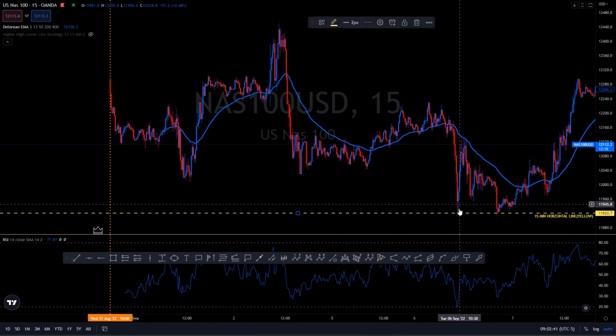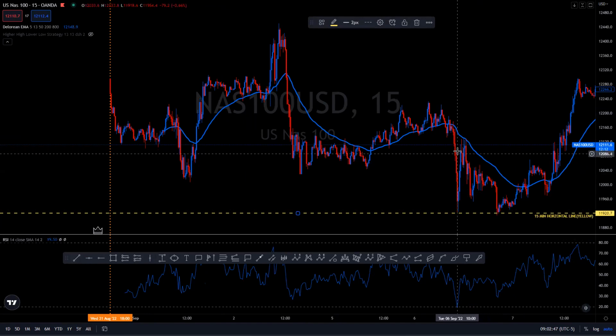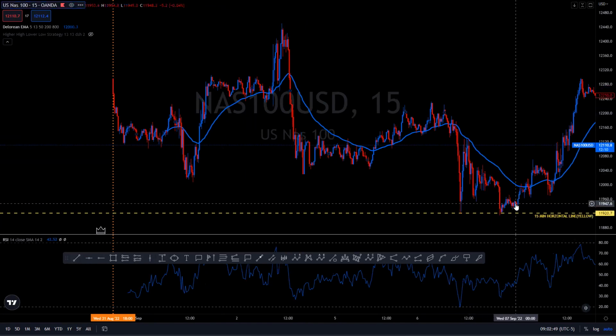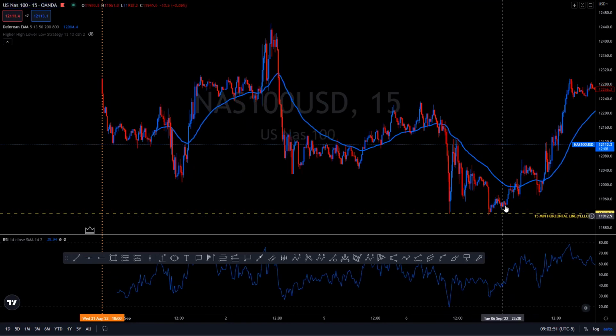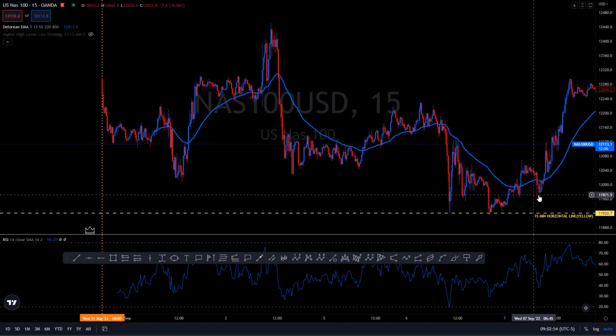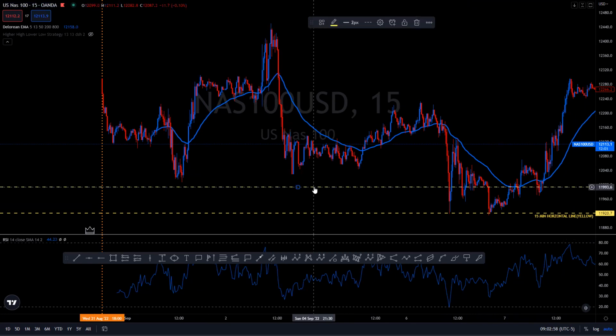And as you can see, price touched this area. That's what made price buy all the way up to here. Touched it the second time, pushed price up, touched it again, and pushed price up, and then ultimately it hit another demand line here and made price go all the way up to here and here.